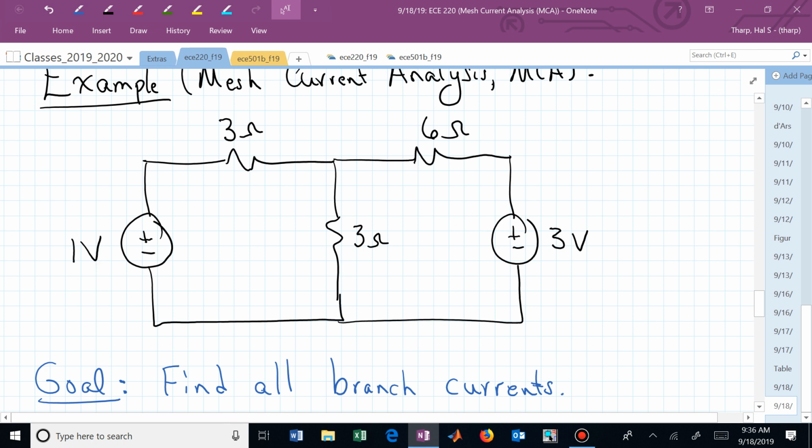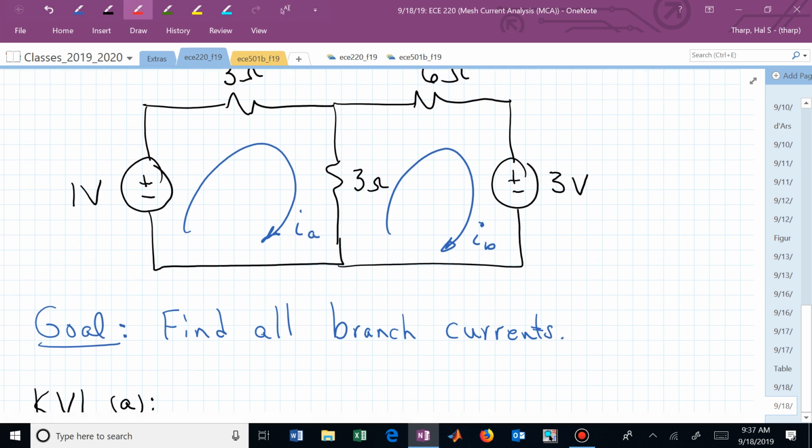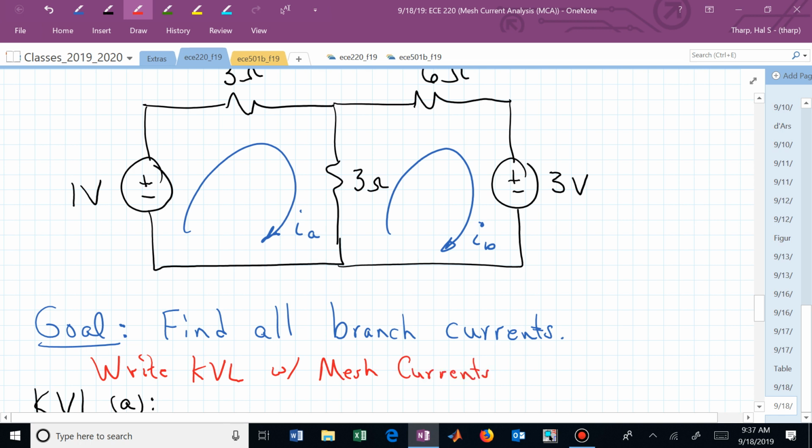2. We have 2 meshes that we can identify. So let's just put those in. Let's now say here is I sub A and here is I sub B, and I made both of them clockwise, just to help me. And what I'm going to do now is write KVL equations with these mesh currents, and then I will use those mesh currents to determine what my branch currents are.